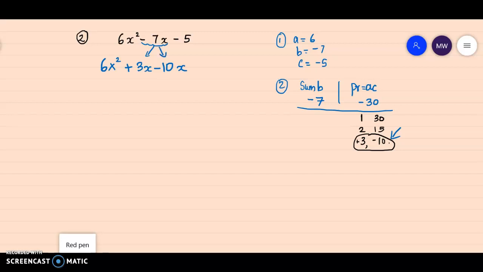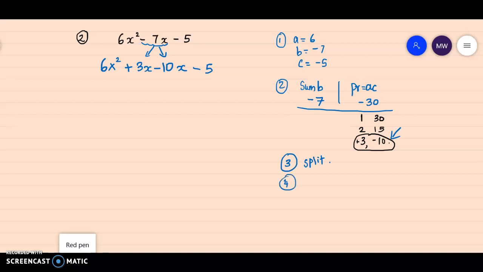So instead of writing -7x, I'm going to use these two numbers to represent it. I make the trinomial into a polynomial with 4 terms. And we know the third step is to split the middle term, and that's what we just did.